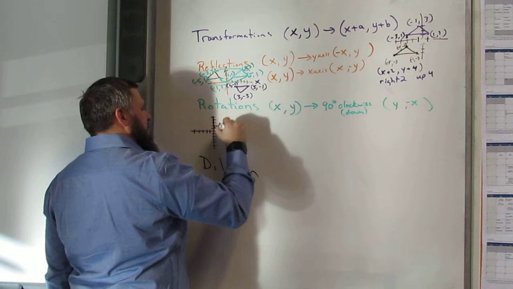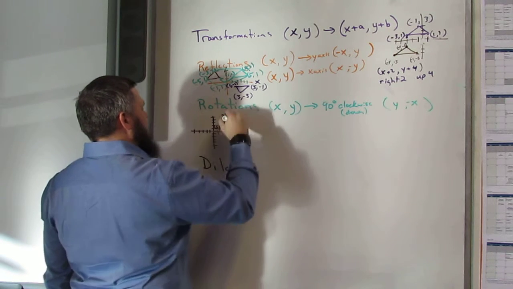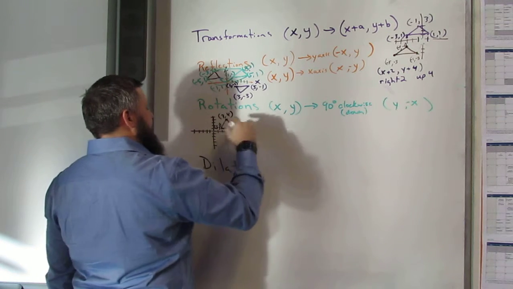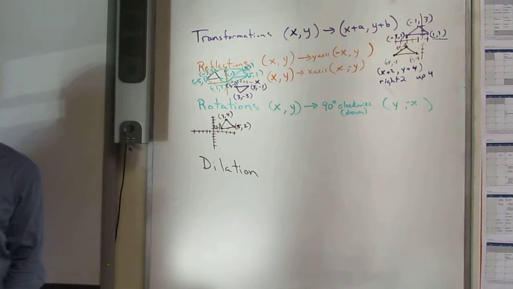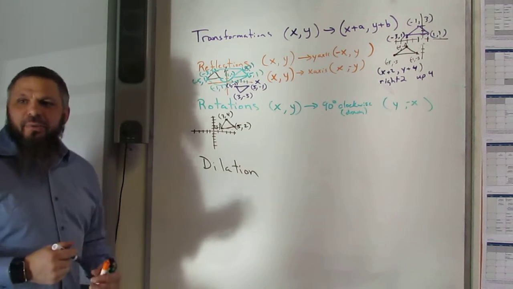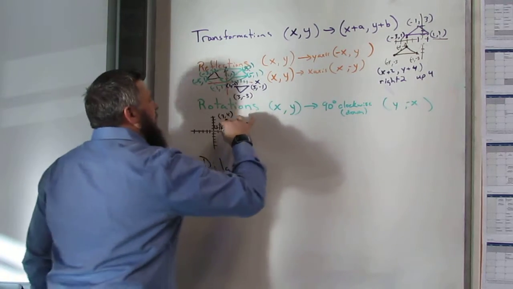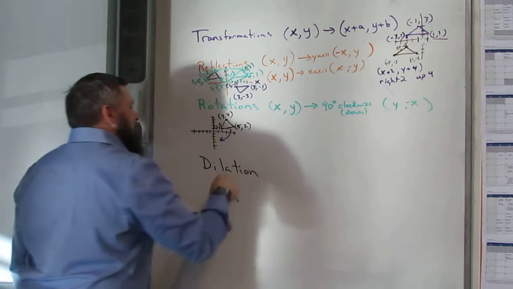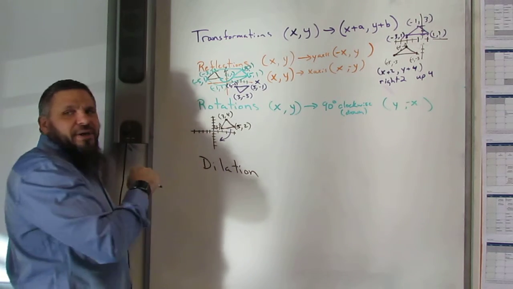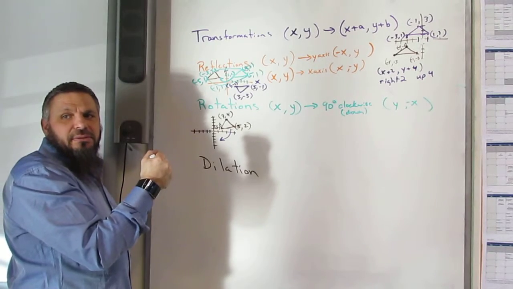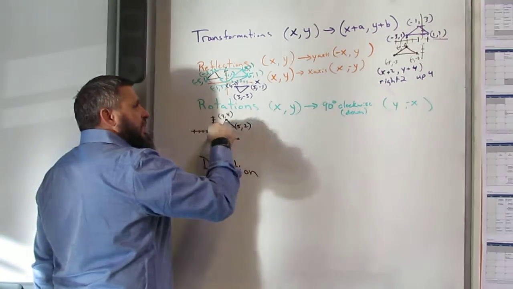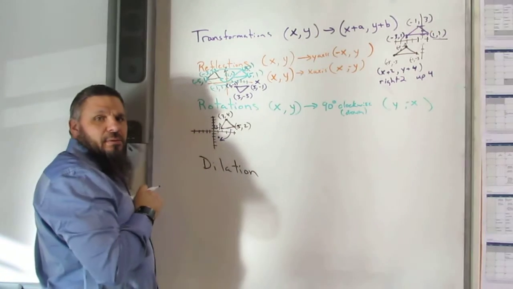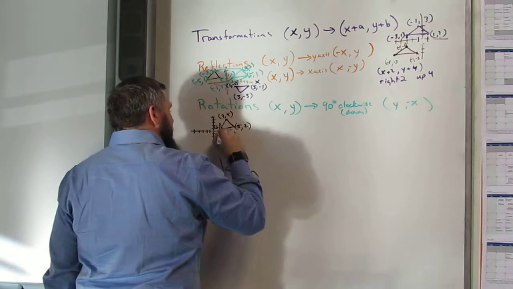And this is a 3 and 4. And this is a 5 and 2. And if I were to rotate that one 90 degrees clockwise or downward, then this 2 and 1 would become 1 and 2, but the 2 is going to become negative. So 1 and negative 2.